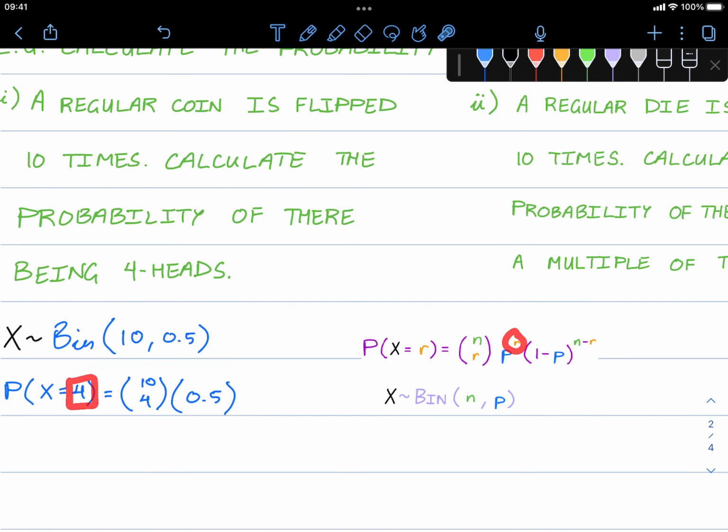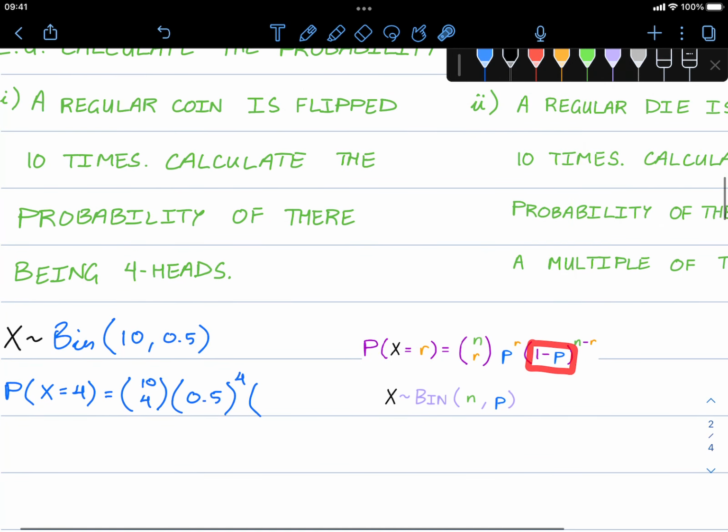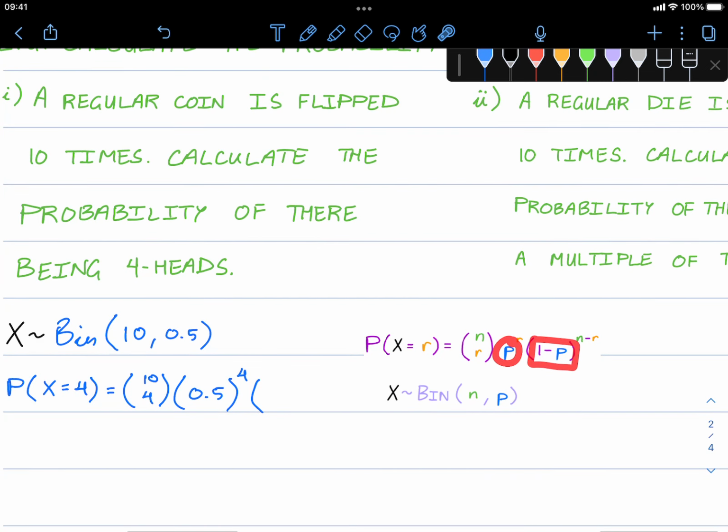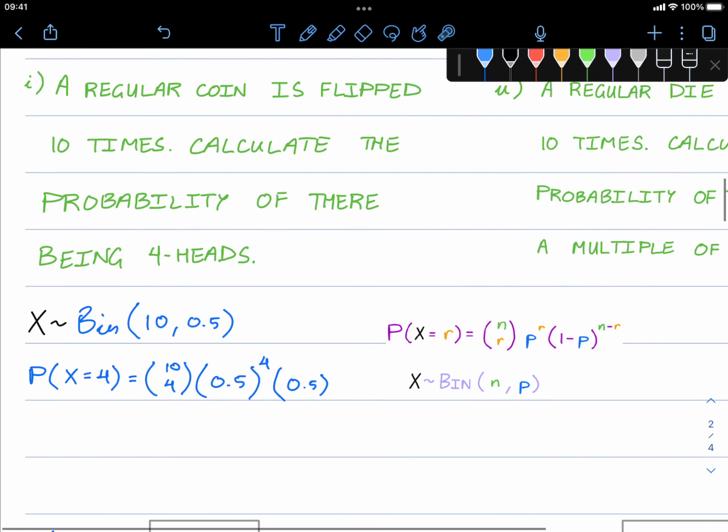So in this case, it's going to be 4 successes, times, now 1 minus p, you can think of this as the probability of failure, because if p is the probability of success, 1 minus the probability of success is the failure. In this case, it's still also going to be 0.5 to the power of n minus r, so 10 minus 4 is going to be 6.